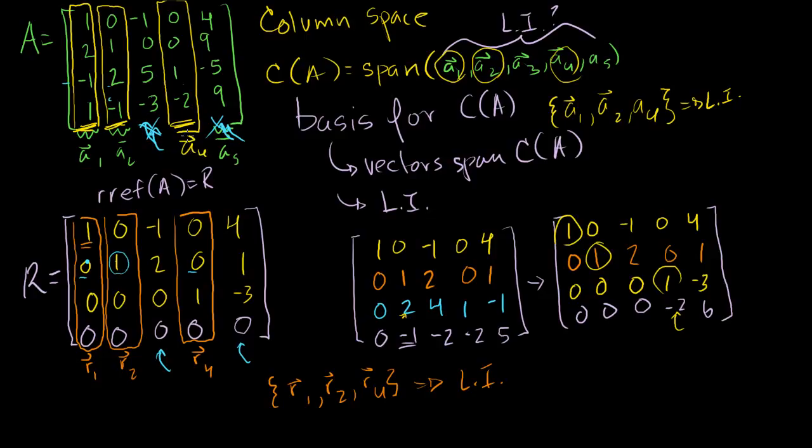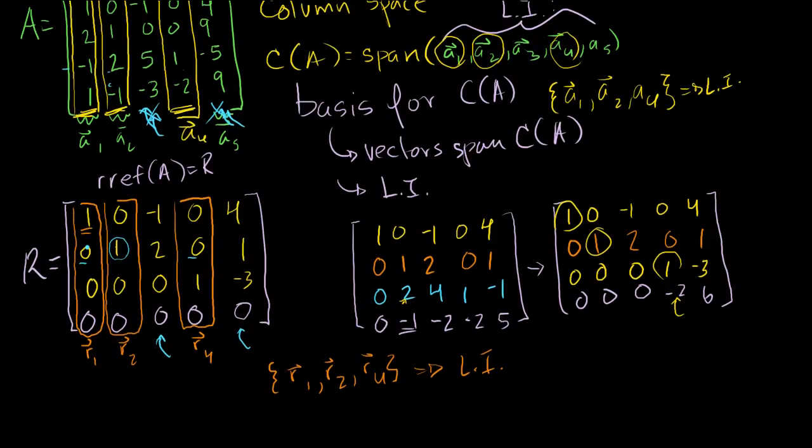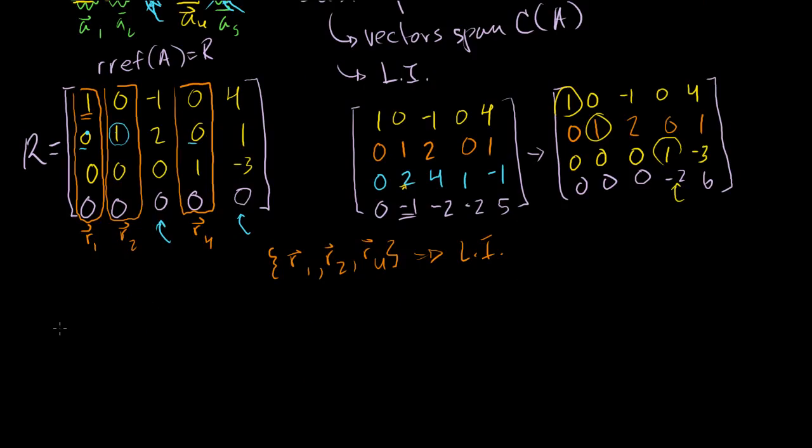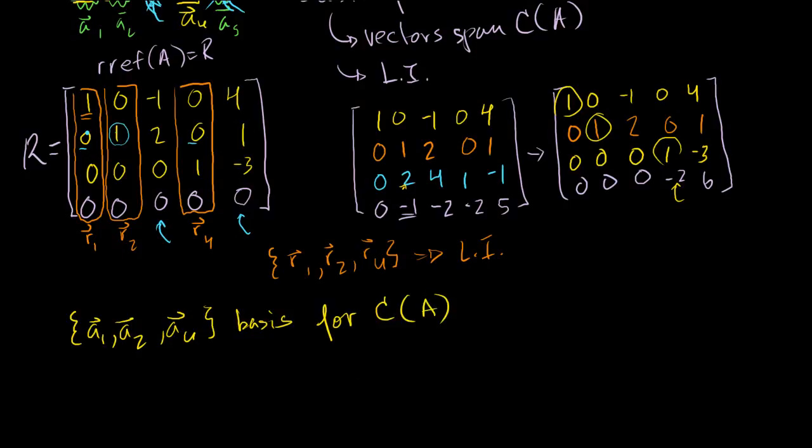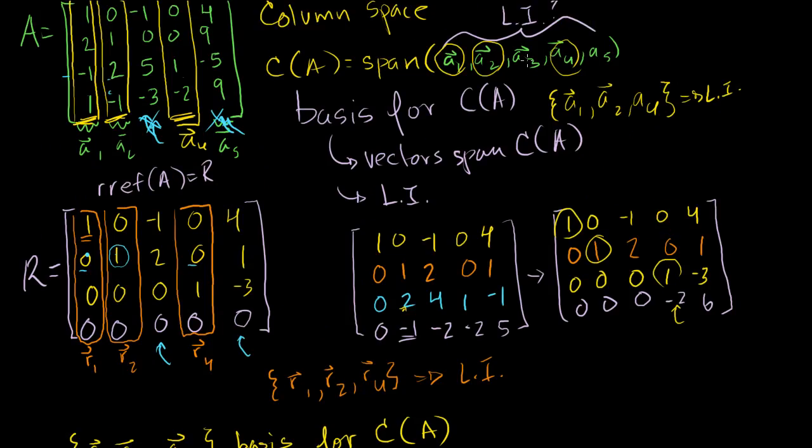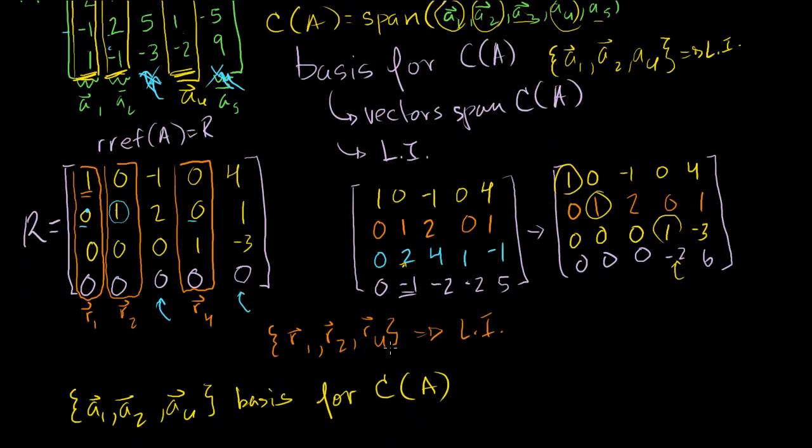And A4 right there. Now we can answer another question. So A1, A2, and A4 form a basis for the column space of A, because you can construct the other two guys with linear combinations of our basis vectors, and they're also linearly independent.